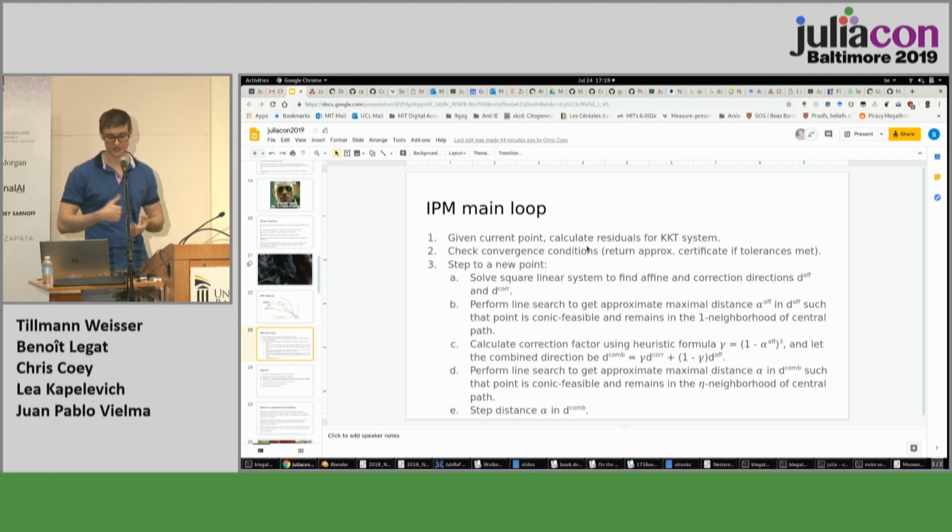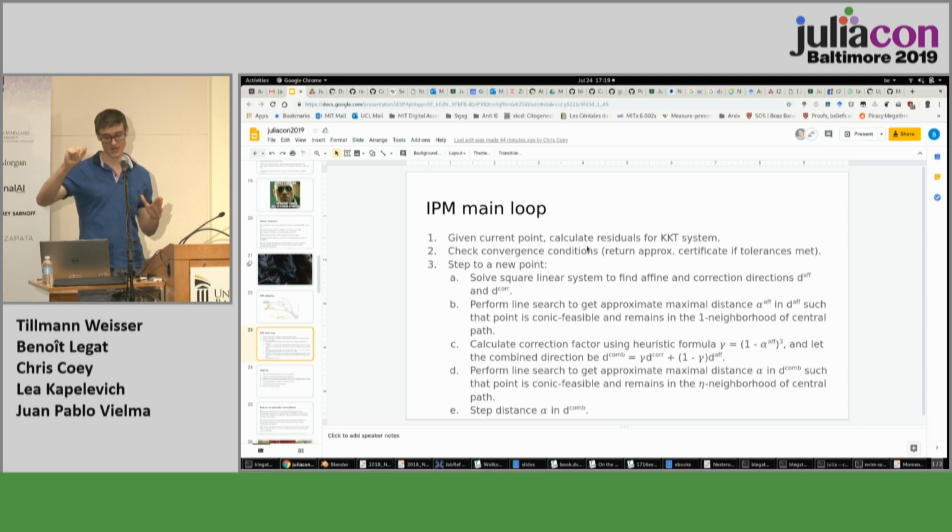All right, so at each iteration of the main loop, we're going to calculate the residuals of this KKT system, which is basically the residuals on our optimality certificate at the current solution. Then we're going to check these convergence conditions and finish with a certificate of optimality or infeasibility if some of these tolerances are met. Otherwise, we're going to solve a linear system for the affine and correction directions.